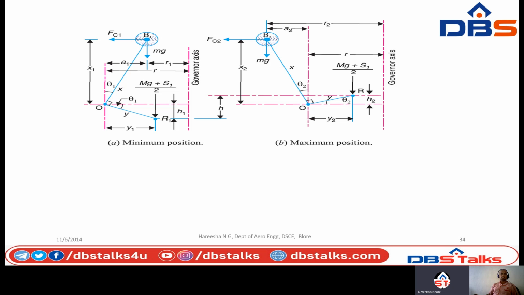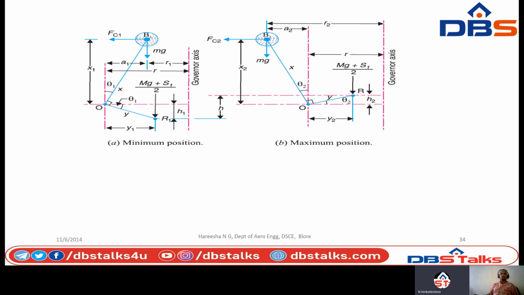For the minimum position, that is when the radius of rotation changes from R to R1, as shown in figure A, the compression of the spring or lift of the sleeve H1 is given by H1 by Y is equal to A1 by X, which is R minus R1 by X.